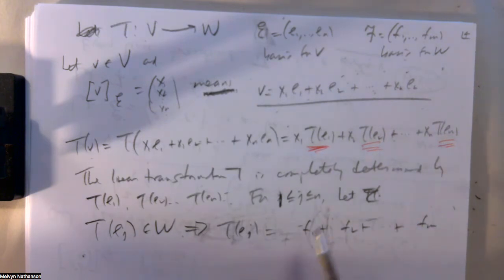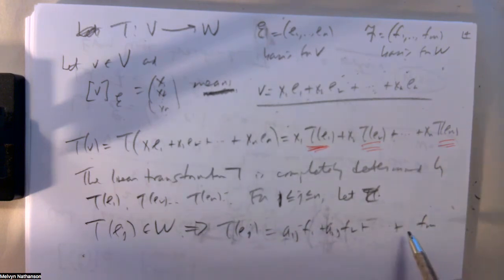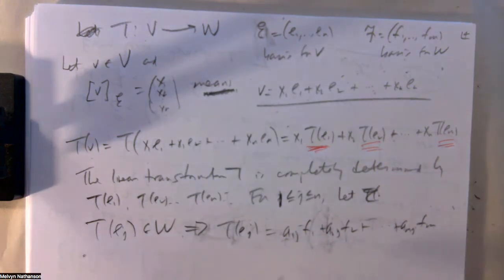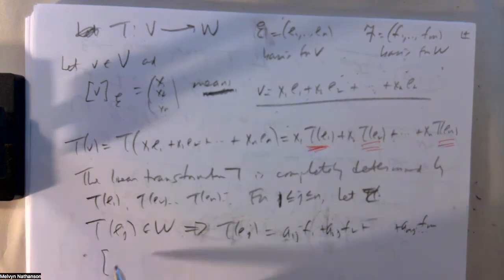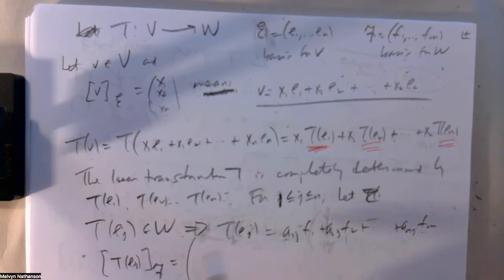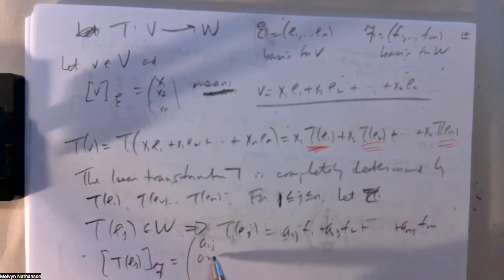So some linear combination, let's say this is a1j f1 plus a2j f2, and so forth, up to amj fm. So T of ej is a linear combination of the vectors in the basis of W. So the coordinate vector for T of ej with respect to the basis F will be a1j, a2j, down to amj.